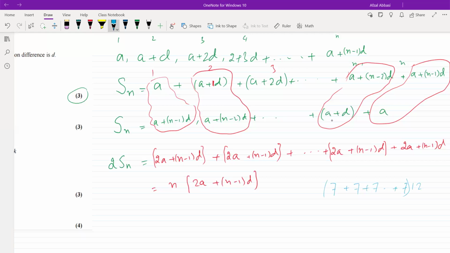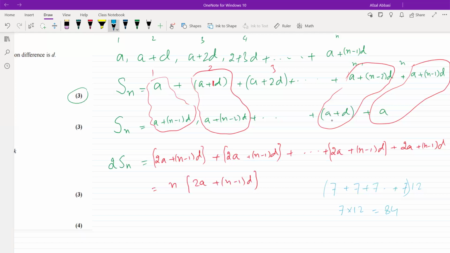So what will be the sum? We don't need to add individually. It means 12 times 7. 7 appears 12 times, so the sum will be 12 times 7, 84. In the same way, this 2a plus n minus 1 d appears n times because we have n terms. So the sum will be n times this.